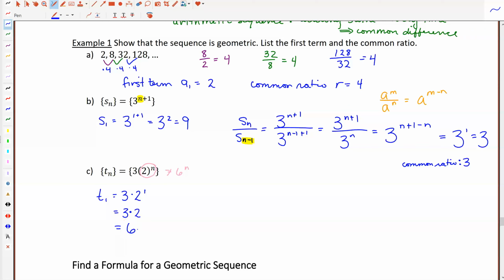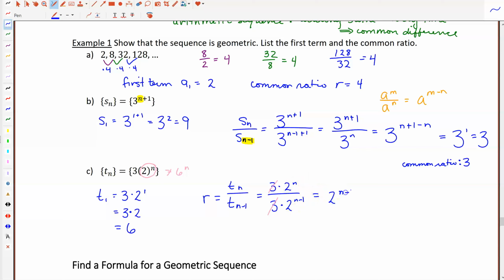Now let's go ahead and figure out what that common ratio r is. So r is going to be t sub n over t sub n minus 1. In the numerator, I'll have 3 times 2 to the nth power. In the denominator, I'll have 3 times 2 to the n minus 1 power. Now immediately I see that these 3's can cancel, so I'll get rid of those. We'll have 2, and then for these exponents, let's subtract them.